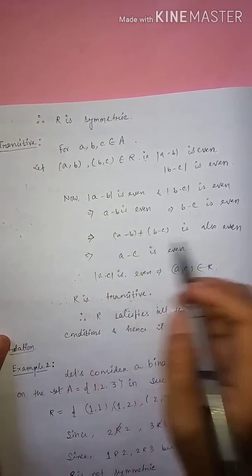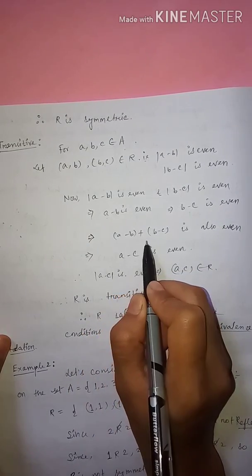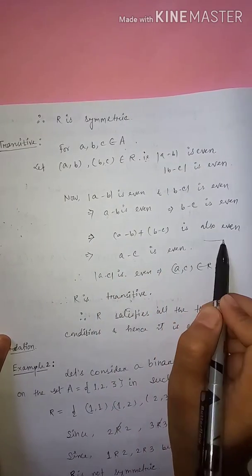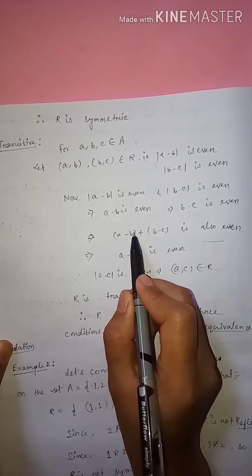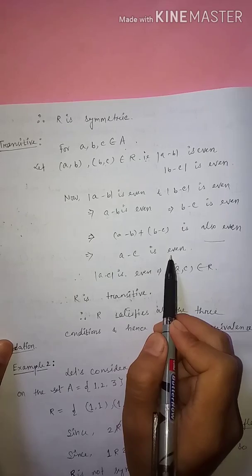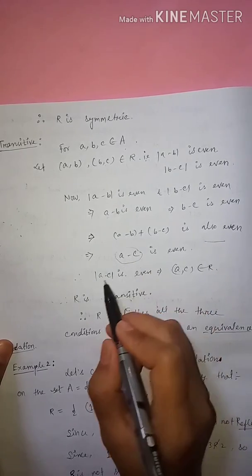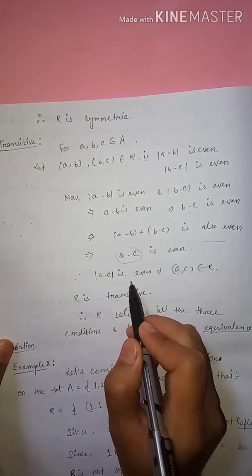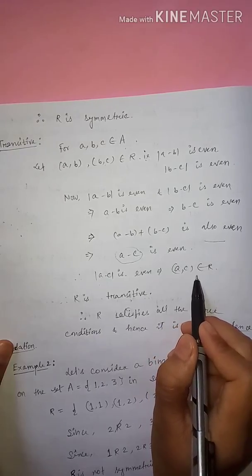Now the sum of these two, a minus b plus b minus c, is also even, and here minus b plus b cancels out, so a minus c is even. Now if a minus c is even, then obviously modulus of that will be even. It implies the ordered pair (a, c) belongs to R.